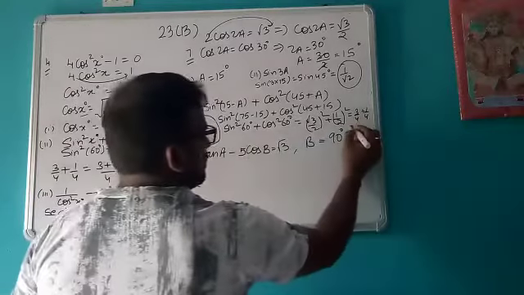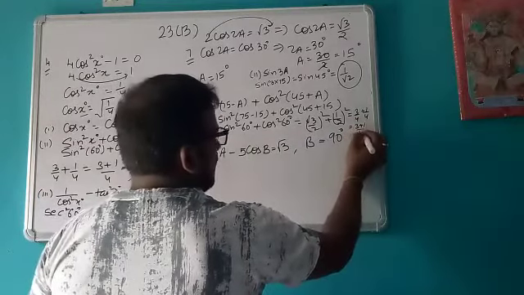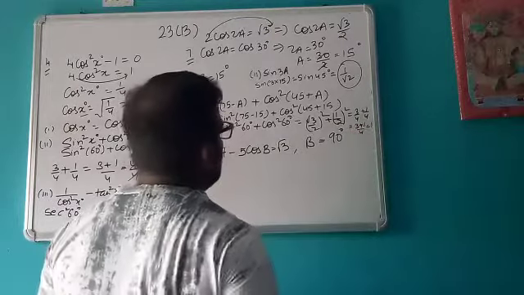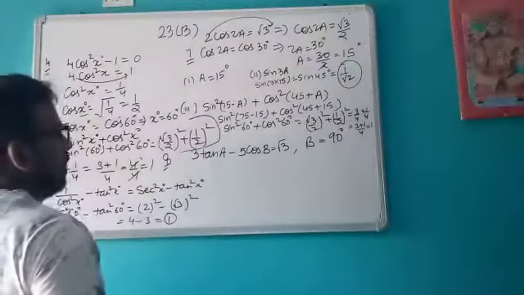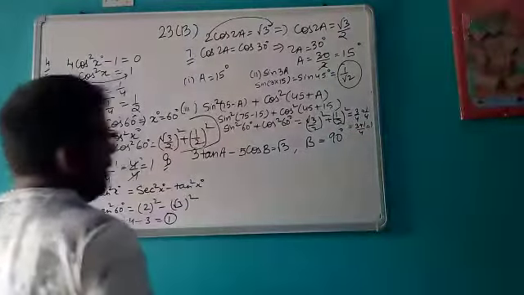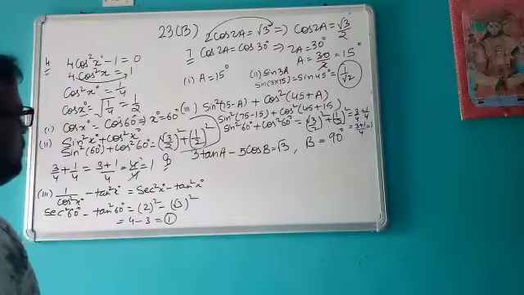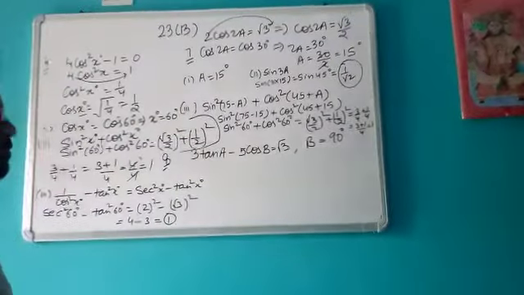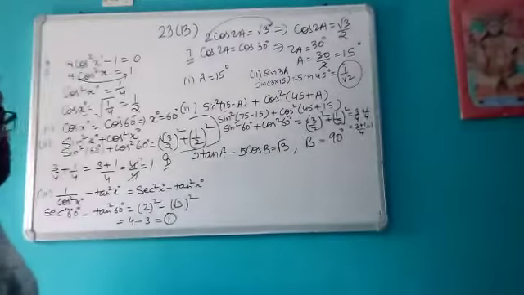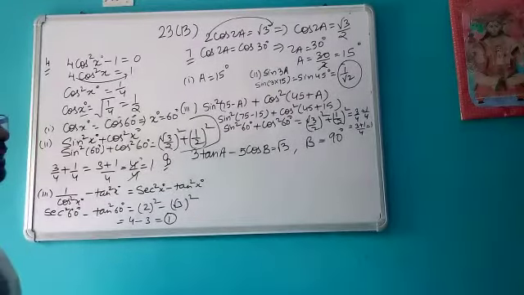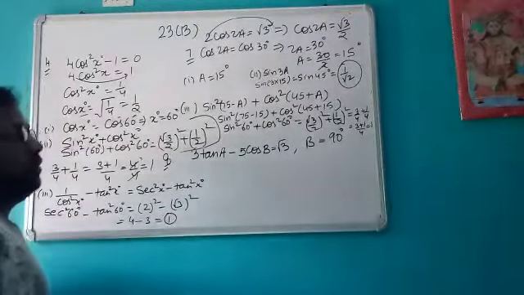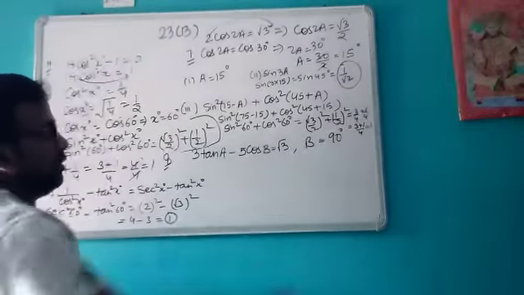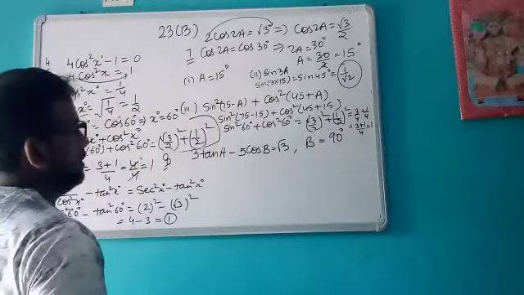That is 3 plus 1 by 4 equals 1. Okay. So like this in questions like this, you will use the concepts of trigonometric equations. You should know the values of standard angles, and then you can put the values and take out the answer.